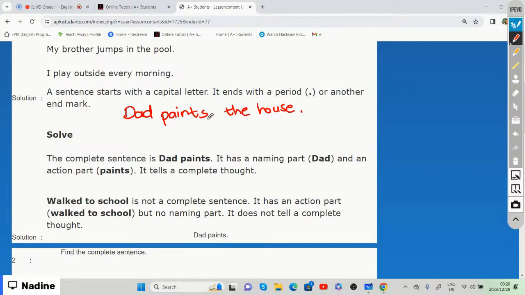All right, so if we look at the sentence, then we can say the sentence is a complete thought.